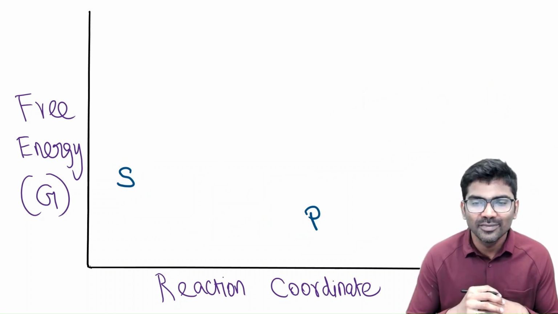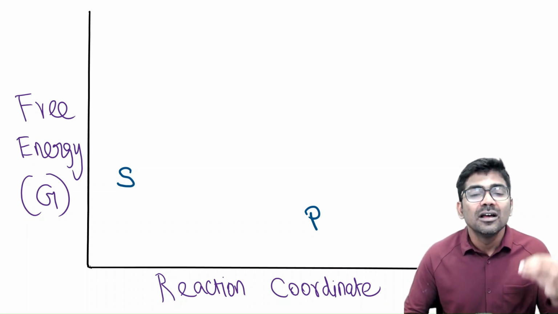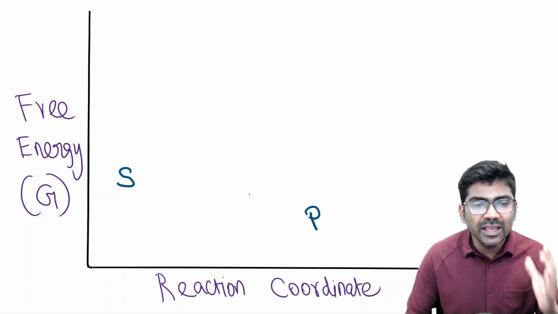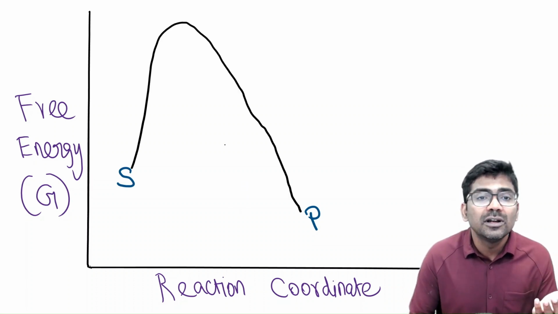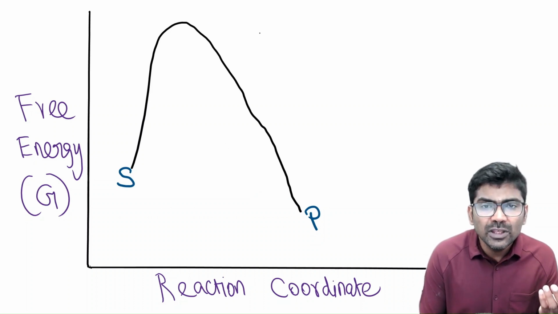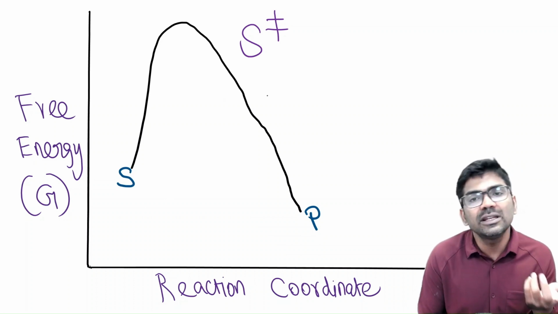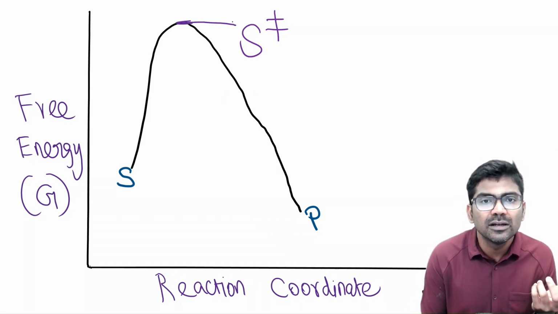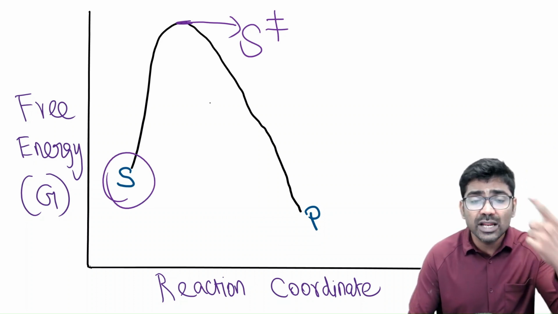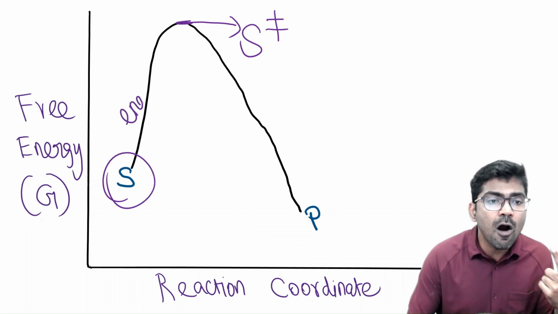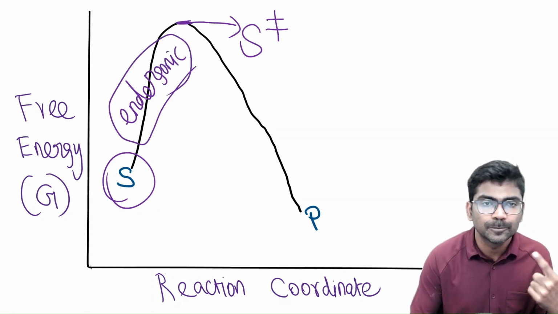Alright. Whether the reaction is endergonic or exergonic, substrate always needs to be activated to transition state. So we use the symbol double dagger to denote the transition state. So this is the transition state. Conversion of substrate to transition state is always an endergonic reaction.